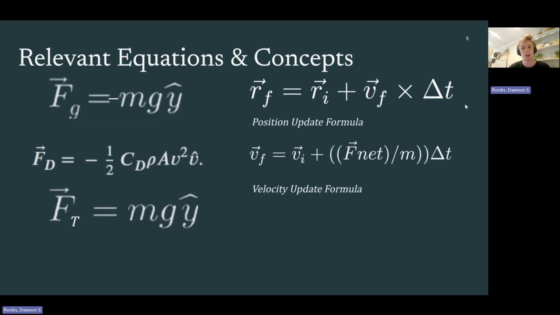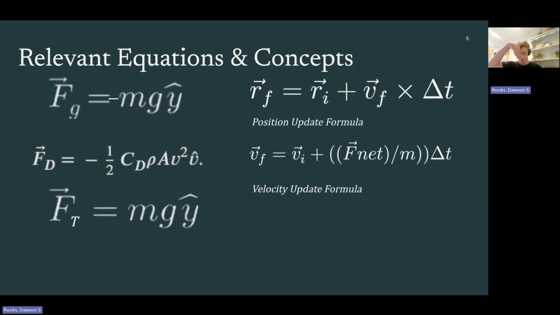So the important equations here, just as always, we have our two update formulas as our code. So position update, velocity update, of course. Then our three relevant forces. That is the force of gravity, which is the mass times the gravitational field of Earth times the negative y direction, because that, of course, is where gravity points.